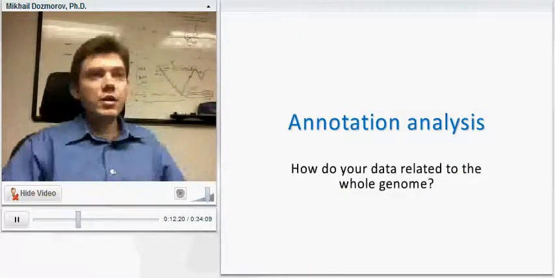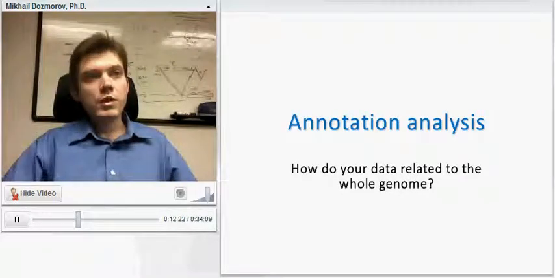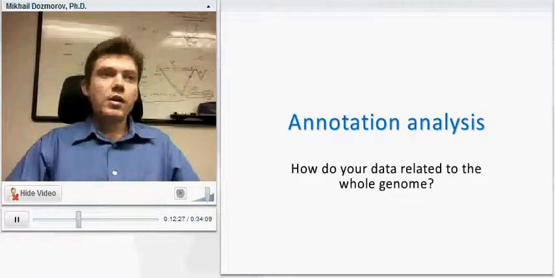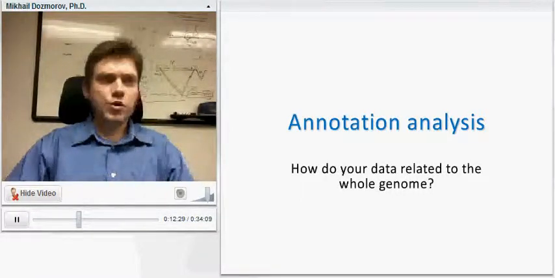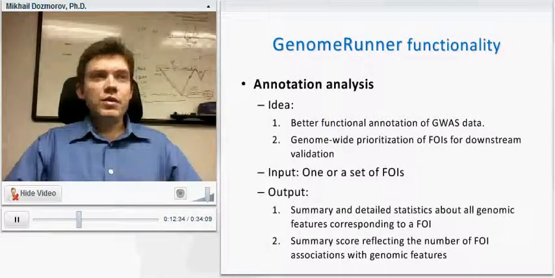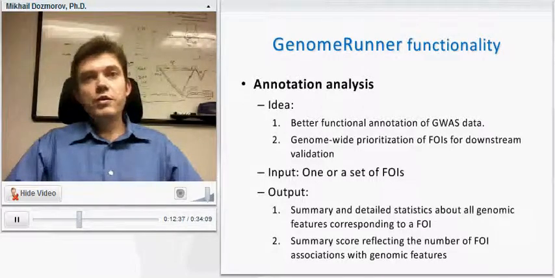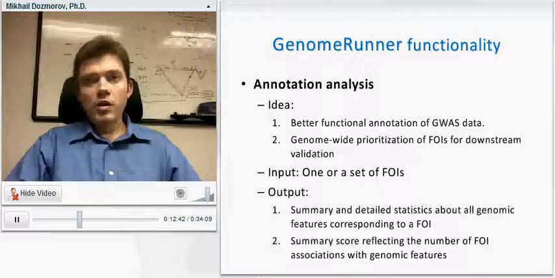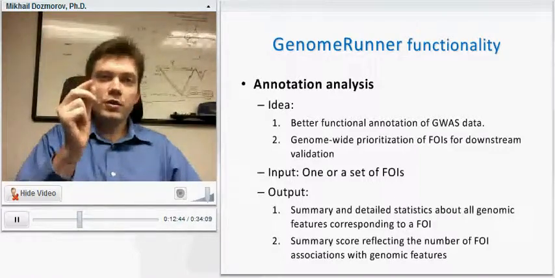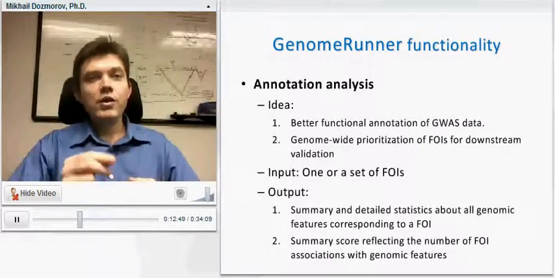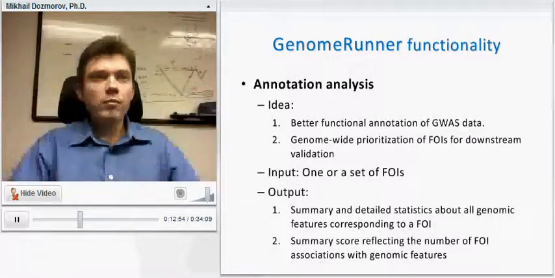Let's have a look at annotation analysis more closely. Annotation analysis is designed to answer the question: how is your data related to the whole genome? The idea behind annotation analysis is very simple. First, it is for better functional annotation of GWAS data. If we have our features of interest, we would like to know which genomic features are correlated, co-localized with our features of interest, overall, globally.